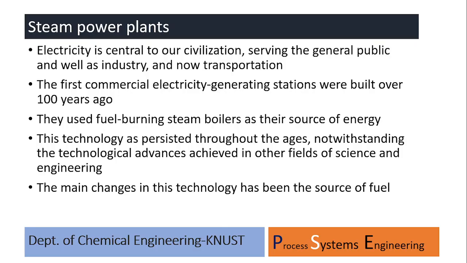But then the main thing that happened was the change in the kind of fuel source. The whole idea of still generating steam and using that as an energy source continued to persist throughout. They were just looking at more efficient fuel sources that they can use to generate that steam.